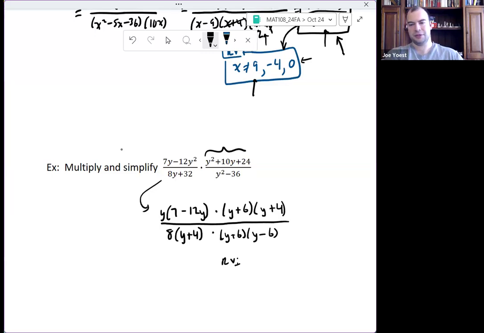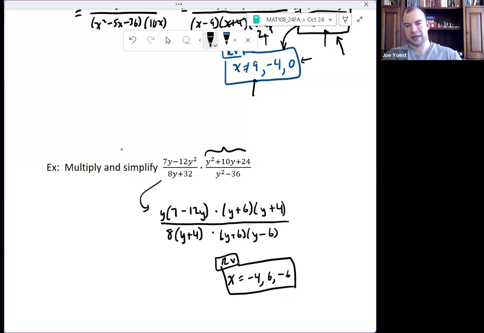I see that I have restricted values, that y cannot be -4 or 6 or -6. That comes from the factors of y plus 4, y plus 6, and y minus 6 in the denominator.